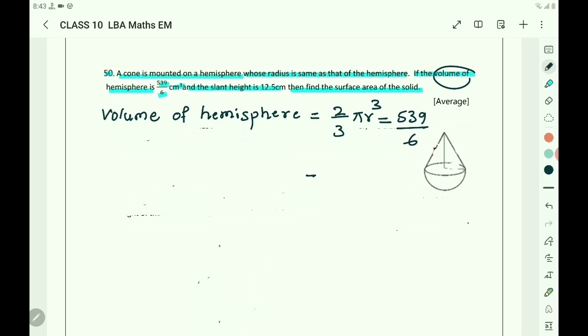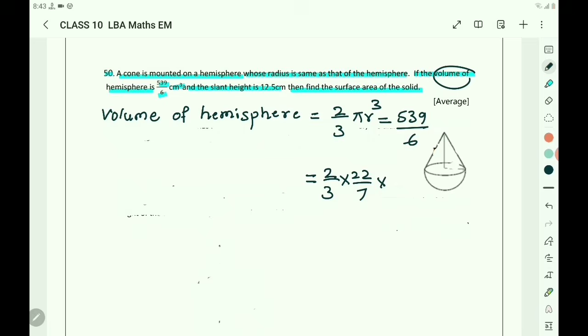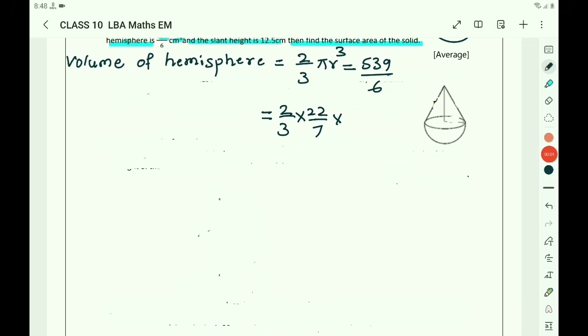Then you write 2 by 3, pi value is 22 by 7 into r cube equals 539 by 6. Then put r cube in the LHS and transfer all this to the RHS.